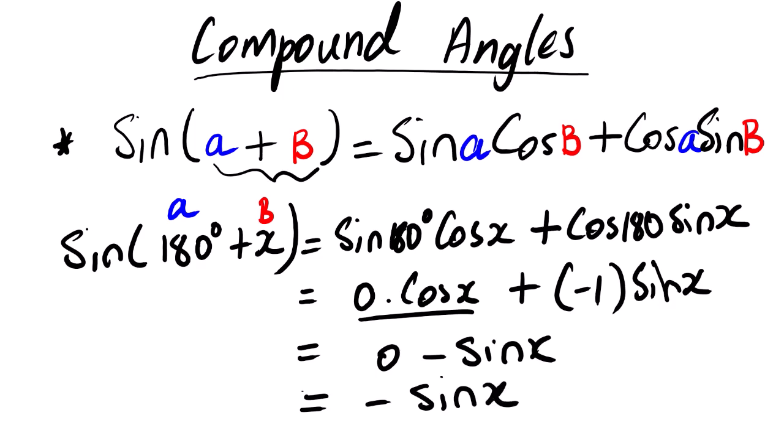So negative sine x is our solution. And indeed, when we use a reduction, we know that 180 plus x is in quadrant number 3, and in quadrant number 3, sine is negative. So using a reduction, sine(180 + x) is equal to negative sine x.